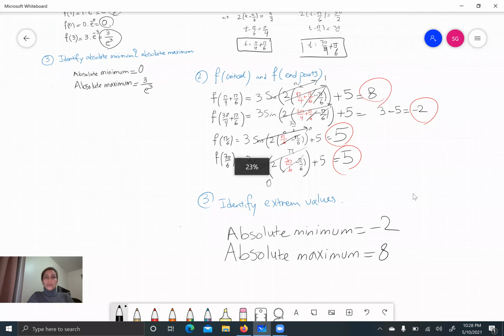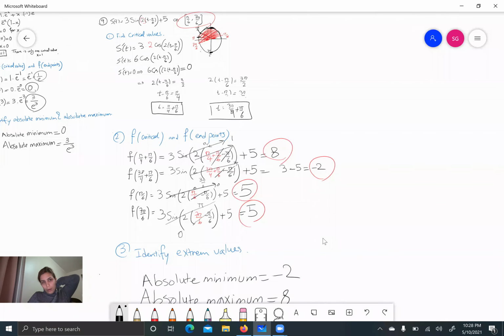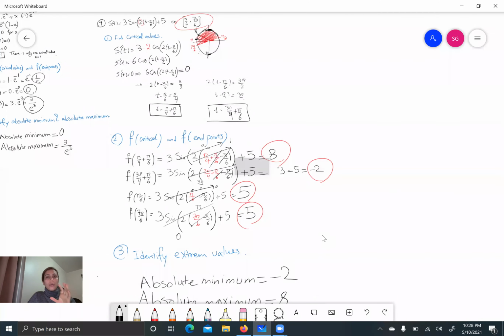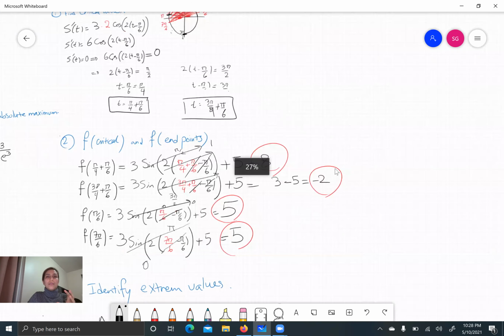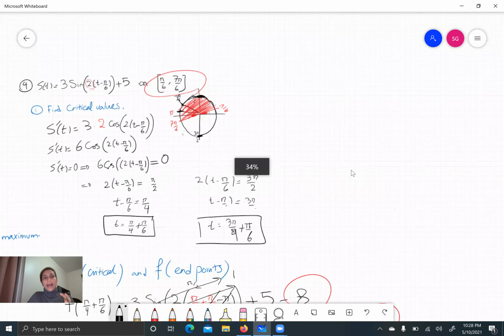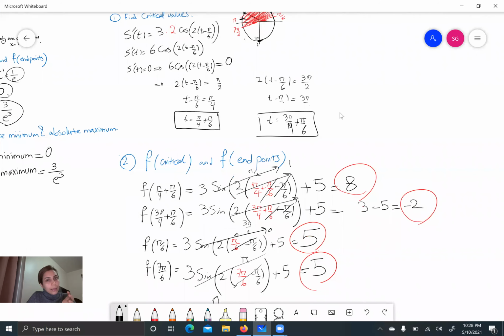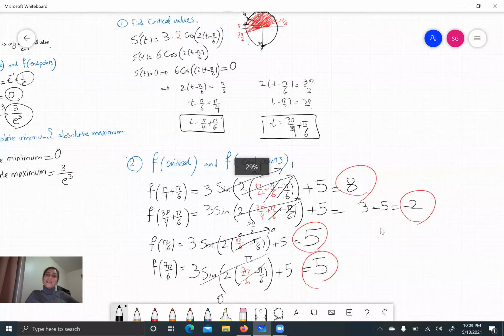So here we showed you again the steps of finding absolute extreme values for a function over an interval. In this case, you have a trig function, and we are looking at the closed interval of pi over 6 to 7 pi over 6. And then we said that over this interval, the absolute smallest value is -2, and the absolute largest value is 8.